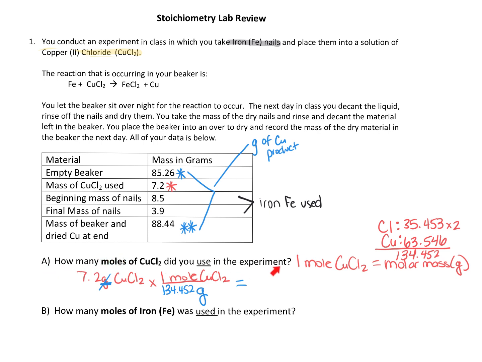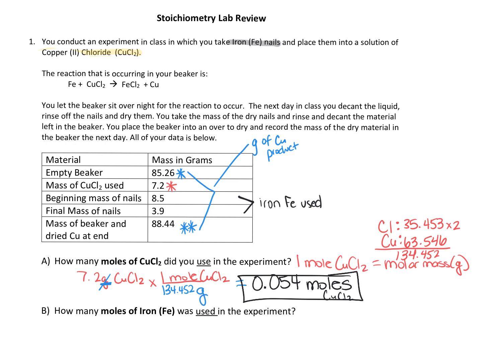Now this is a problem from last unit. This isn't any more complex than anything that we worked on last unit. So take a minute, again, pause the video, practice making sure that you can put this in your calculator correctly, and calculate how many moles of copper chloride you used in the experiment. So you should have gotten 0.054 moles of copper chloride were used.